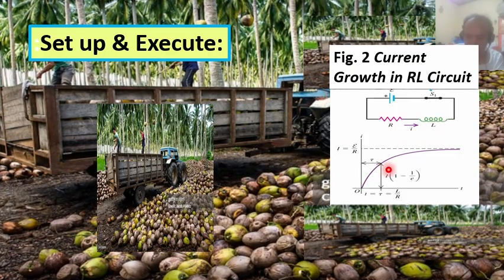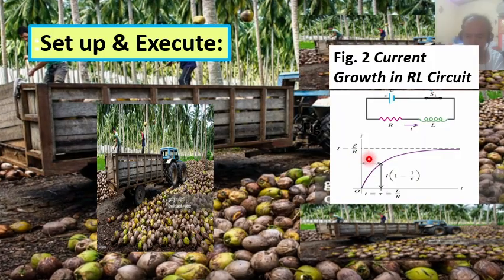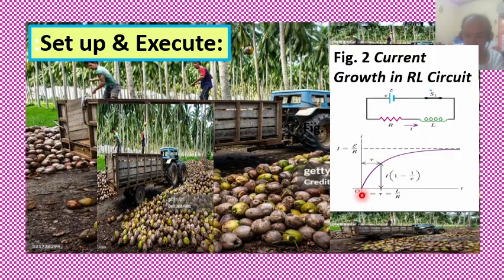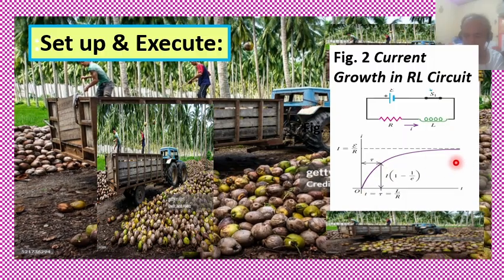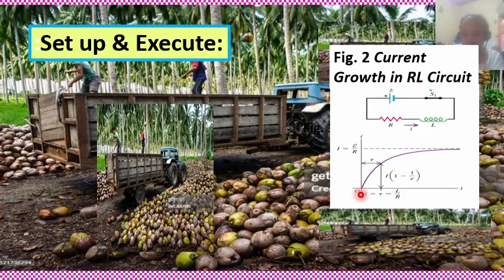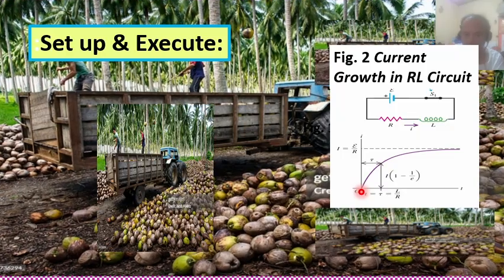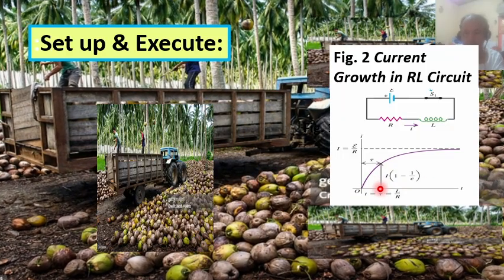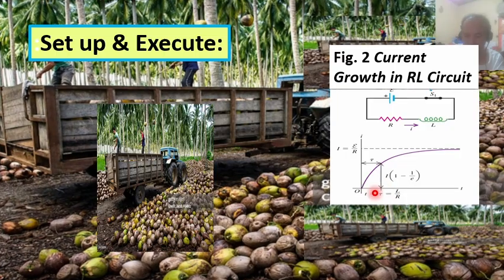So the current versus time graph shows a curve, which suggests that the current as a function of time is exponential.